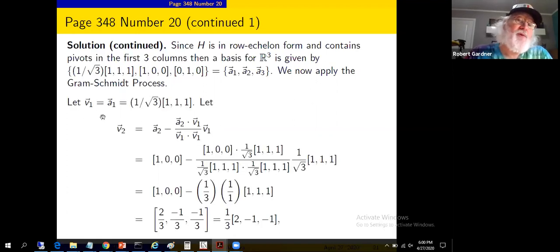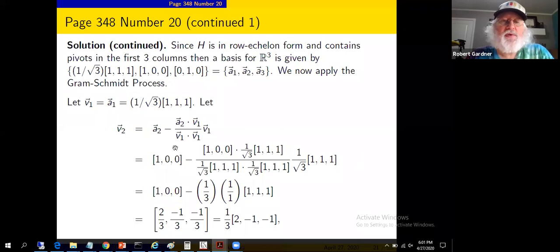Okay, we'll let V1 equal A1. There you go, done. We'll let V2 equal A2 minus the projection of A2 onto V1. Projections are calculated in terms of these dot products. This is a formula you need in your head, because that's how you calculate projections, and that comes up over and over and over in the Gram-Schmidt process.